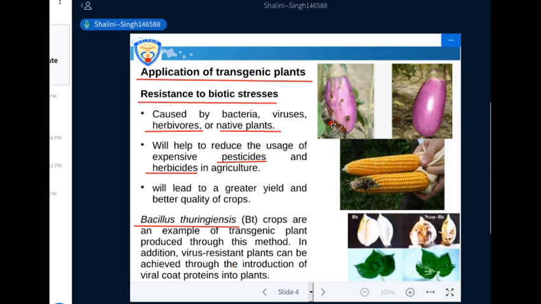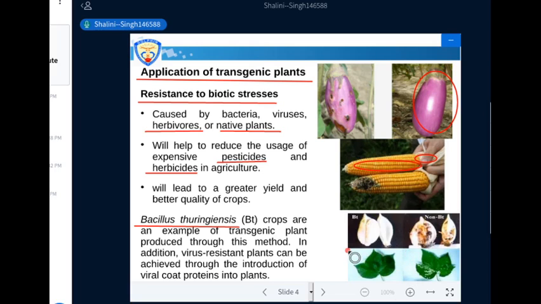In the images, you can see here the comparison of Bt crops with non-Bt crops. So these are the Bt crops which you can see here in the circle. This is a Bt brinjal. This one is a Bt corn. This is non-Bt. This is also non-Bt brinjal.